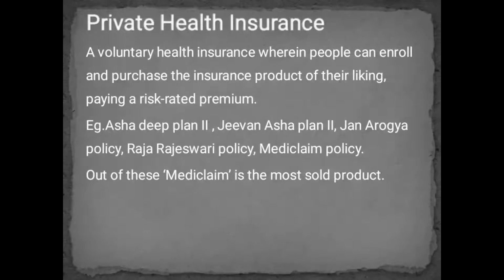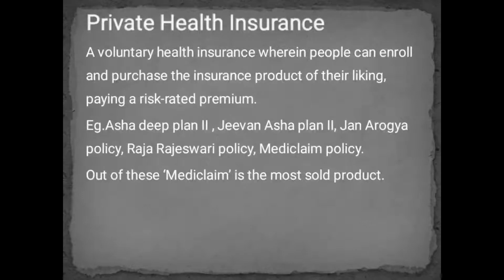What is private health insurance? Voluntary health insurance wherein people can enroll and purchase the insurance product of their liking, paying a risk rated premium. It means a private company gives the health insurance policies.